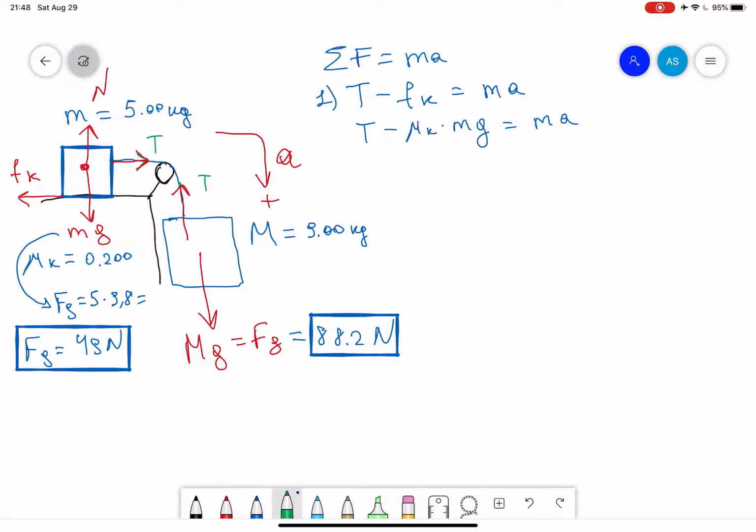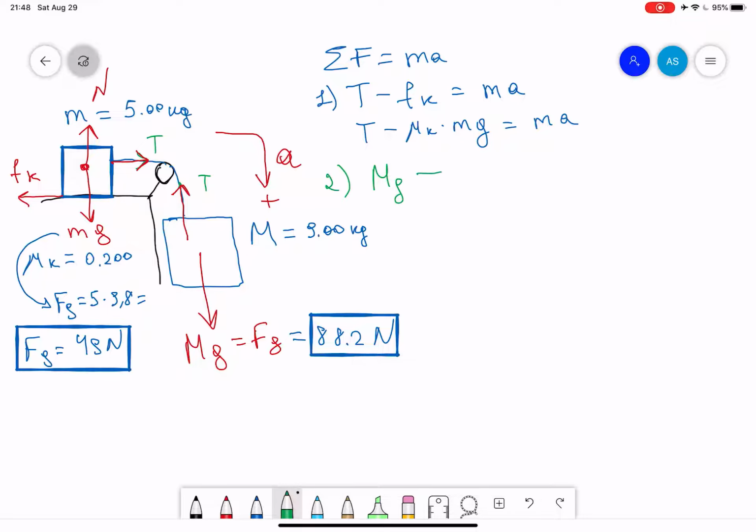Okay, so let's continue. We have written the first equation for the small box. Now let's write down an equation for the bigger box. For this one, the weight, capital Mg, is in the positive direction, so it's positive.